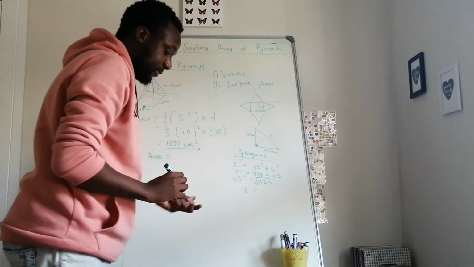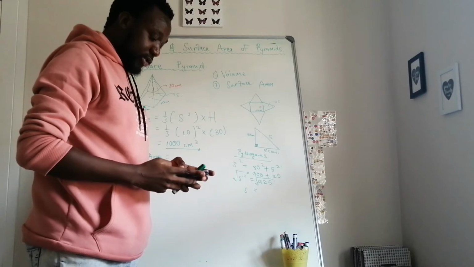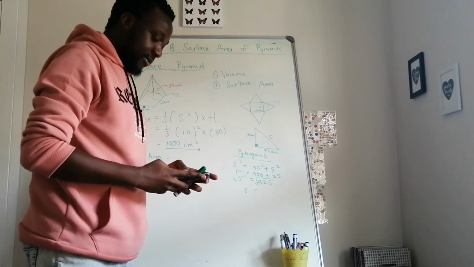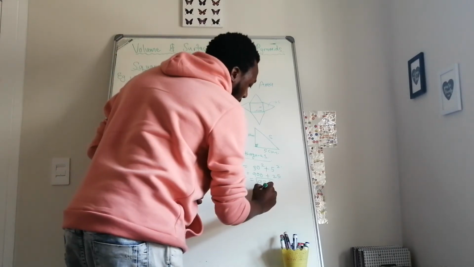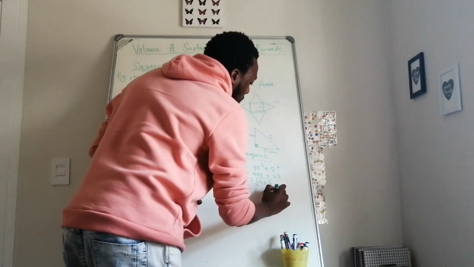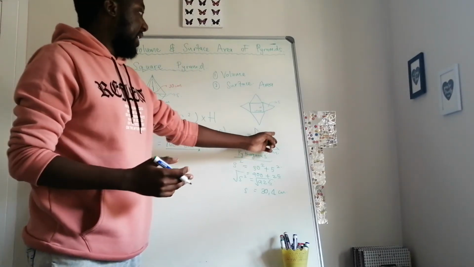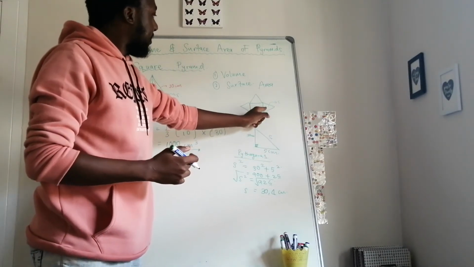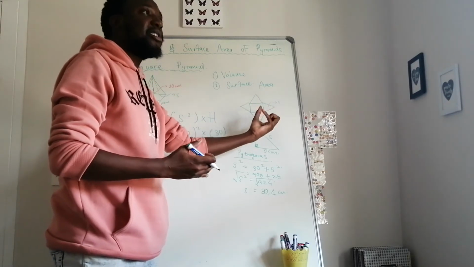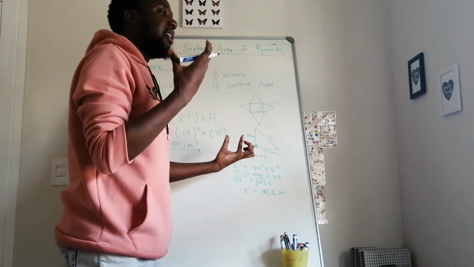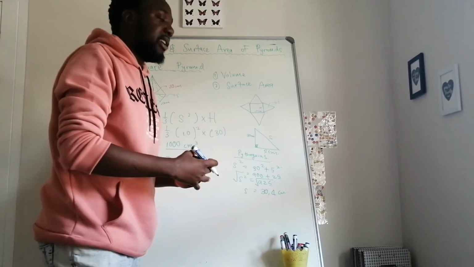So S will be equal to the square root of 925. It's 30.4 centimeters. So we have that S. So now we have the height of the triangle. Remember, we needed that S because when we're calculating the area of the triangle, we need the height of the triangle. That's why we need that S value.